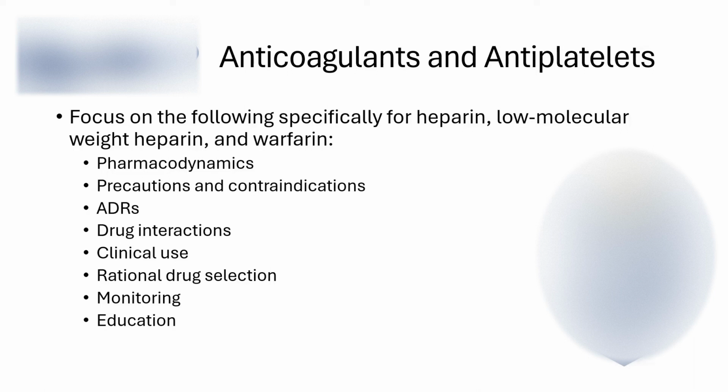Some places call it a PTT. Where I'm from, it was a PTT, not an INR. INR is not done with heparin. Two totally different mechanisms of action, which we'll talk about in a minute.